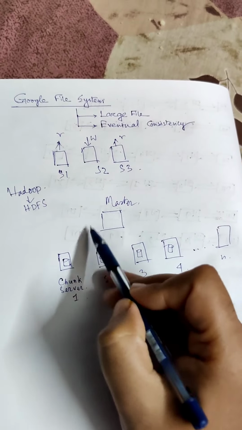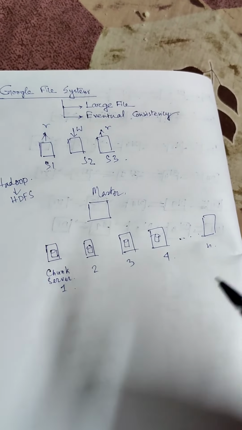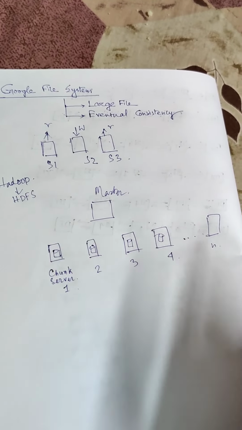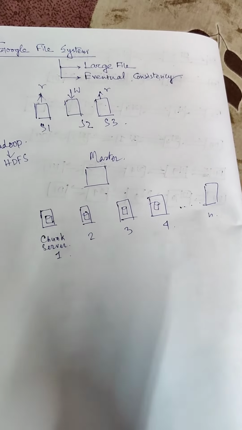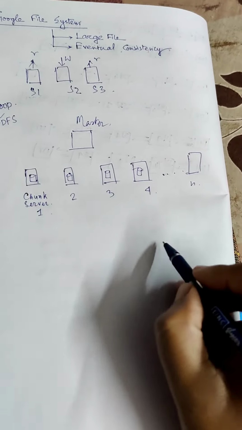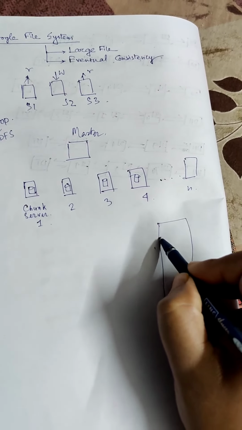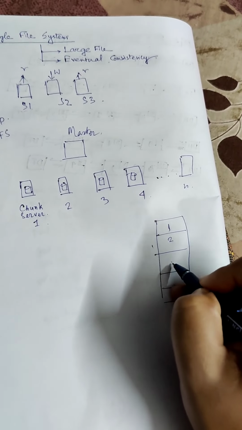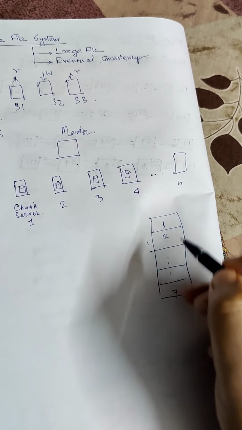Any data item is stored in three different locations. That means three different chunk servers, and these three chunk servers, as we discussed earlier, belong to three different regions majorly. Let's take an example. Suppose we have a big file, and this file is split into chunks. Say there are 7 chunks here, and every chunk has its own chunk number.